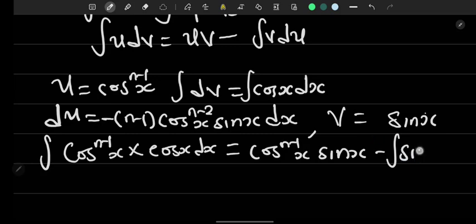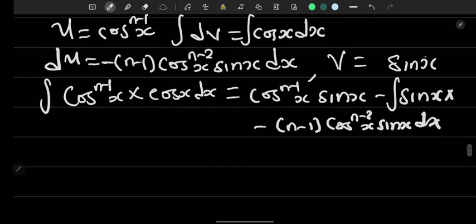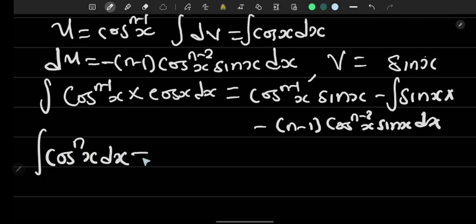We obtain v as sine x times du, which is minus n minus 1 cos^(n-2) x, then sine x dx. For the left hand side, the integral of cos^n x dx equals sine x cos^(n-1) x. The minus and the other minus make a plus.